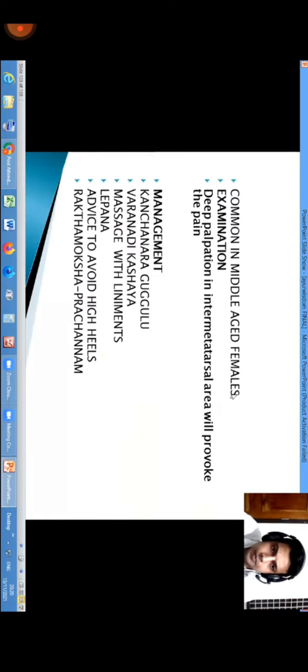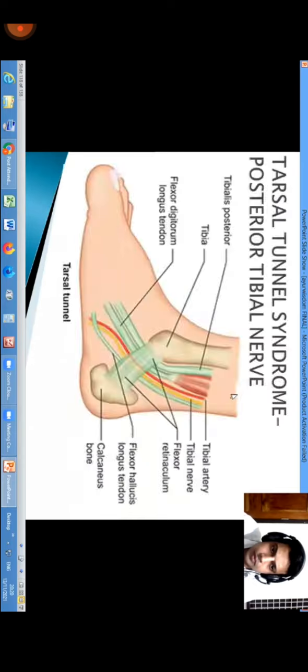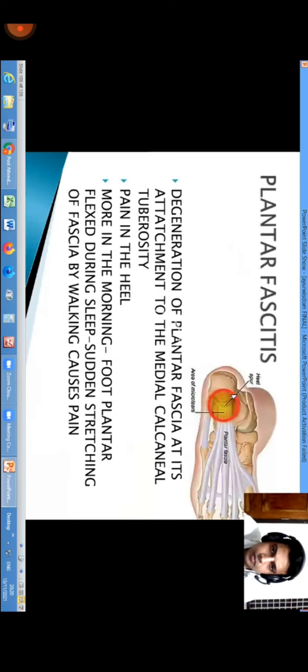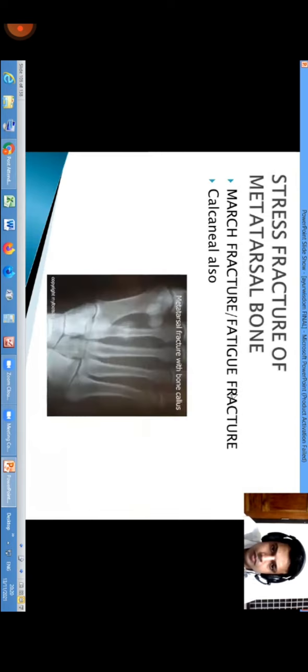In this area, there will be a bony spur forming after chronic inflammation. That's called calcaneal spur or heel spur.